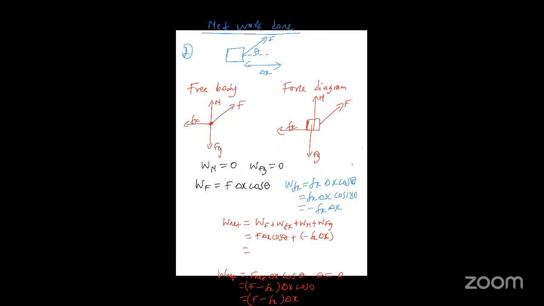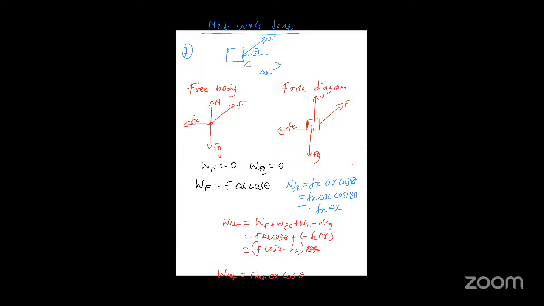So if we take out the common factor, change in x, we're going to have F cos theta minus Fk, change in x outside. Can you see that we are going back to this defining of F net? Okay, let me show you if we were to use this formula here.